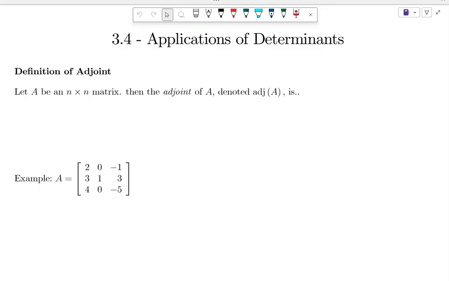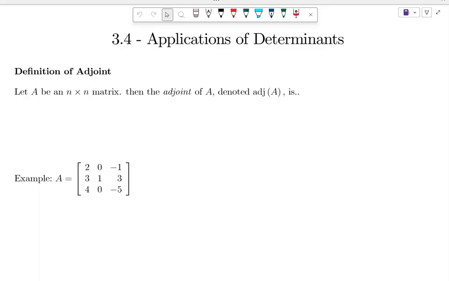All right, so we talk about what is the adjoint of a matrix. So remember, when we did determinants, we talked about the minors, right? The minors were the determinants of those submatrices that you made by removing a row and a column, and then the cofactor was just making it positive or negative depending on where the minor was, right?